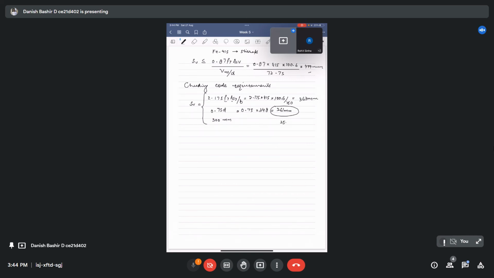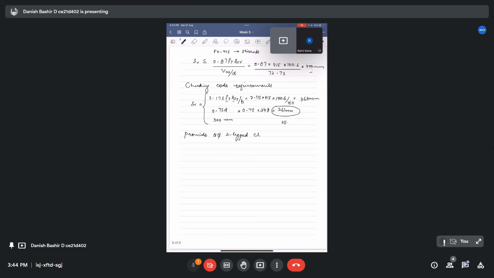So from the design point of view, we will provide 8 mm diameter, two-legged closed stirrups at 250 mm center to center spacing.